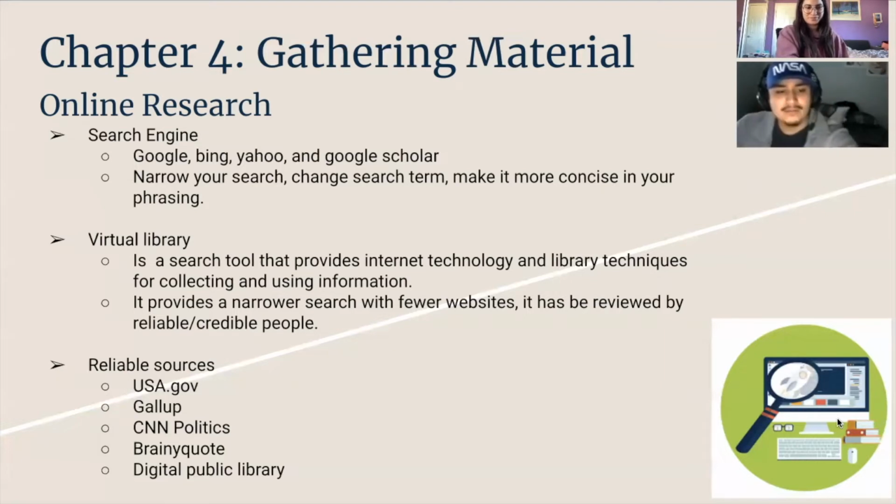At the bottom, I just listed a few reliable sources that could be useful not only to you, but within your learning experience. And the picture on the bottom right is just a picture of a computer, essentially just looking for online research.